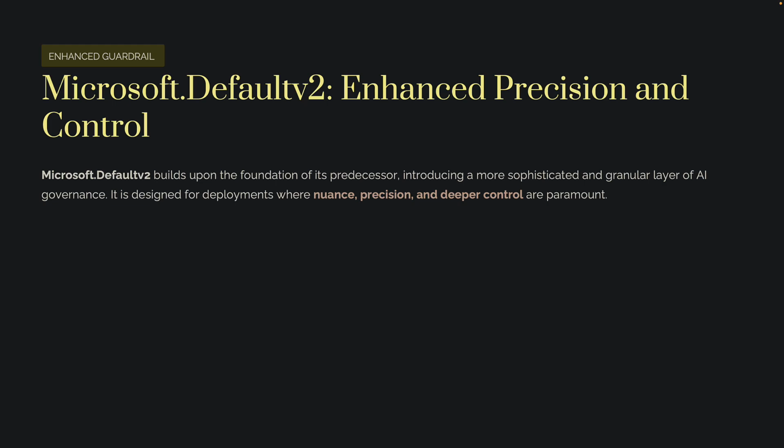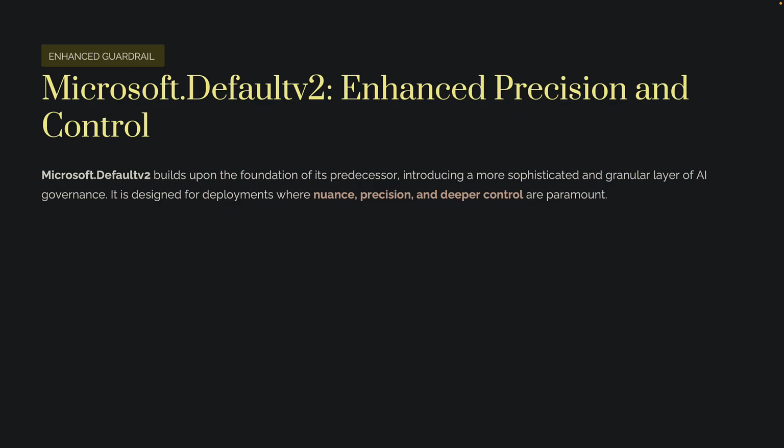So in Microsoft Foundry, today if you ask me, the Microsoft default V2 is the default guardrail assigned to models, right? Very important. As the name suggests, default, but the default V2 is the default standard now. So agents inherit it unless you override it.